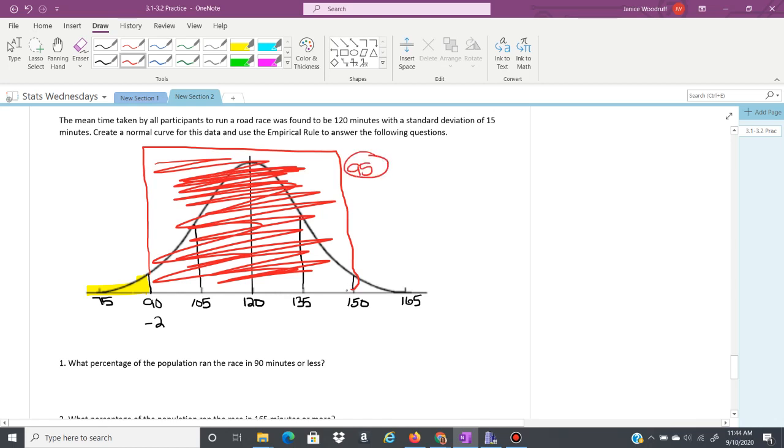All right, well, there's 5% that is unaccounted for. Half of that is over here. Half of that is over here. Okay, where did I get that 5%? 100 minus 95. Okay, so half of that, 2.5%, is right here, from here to here, and the other 2.5% is right here. So the percentage of the population that ran in 90 minutes or less is 2.5%.